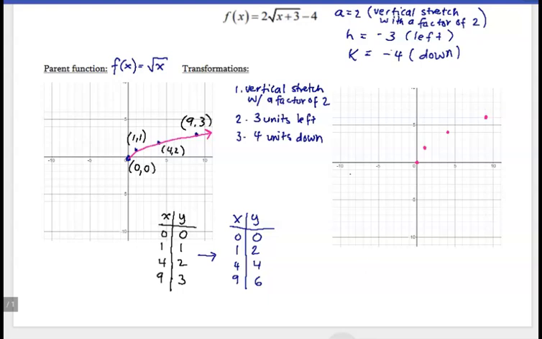I'm going to begin with the origin, the (0, 0). So 3 units left, 1, 2, 3, and then 4 units down, 1, 2, 3, 4. Next point, 3 units left and 4 units down.